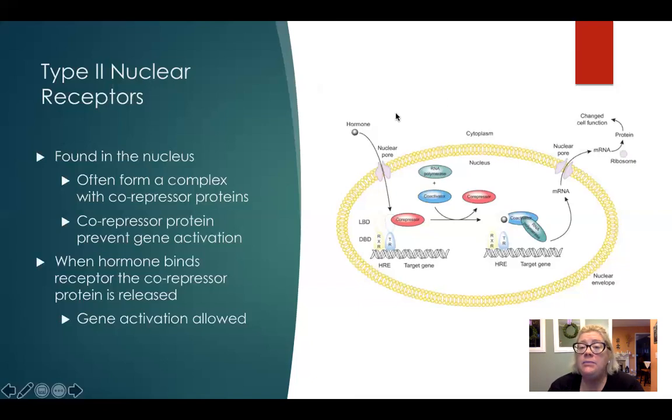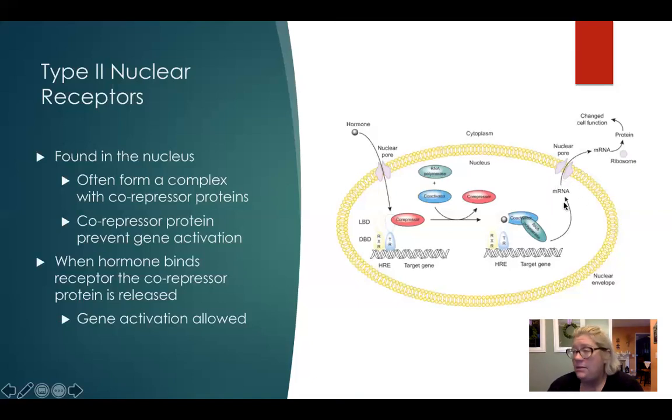Now, once the lipid-soluble hormone is present and it binds to the type 2 nuclear receptor, the co-repressor protein is going to be released. And once the co-repressor protein is released, the hormone-receptor complex is going to be free to bind the specific gene region in the chromatin, allow for the transcription of that gene and the formation of mRNA.